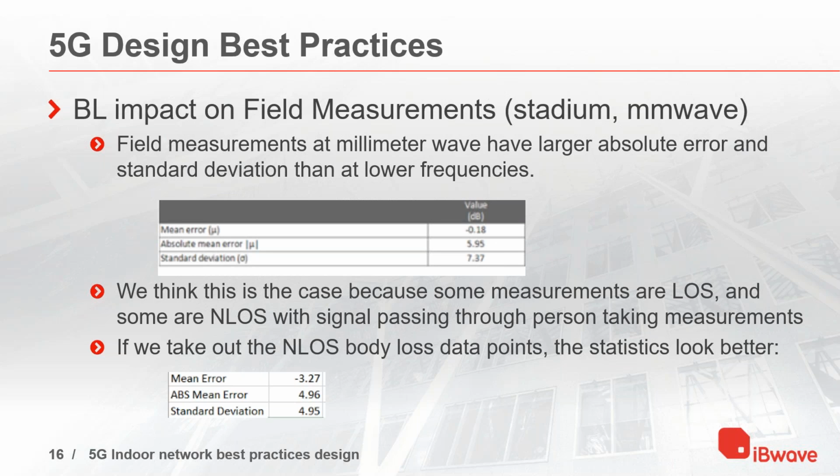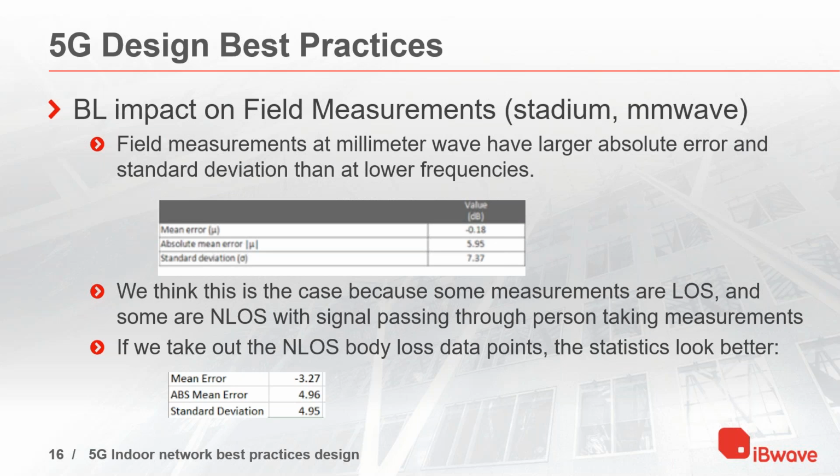So why am I seeing all this? What we think is the case is that some measurements are strictly line of sight, as you are performing measurements in an empty stadium, and some are non-line of sight, with the signal passing through the person who is taking measurements.